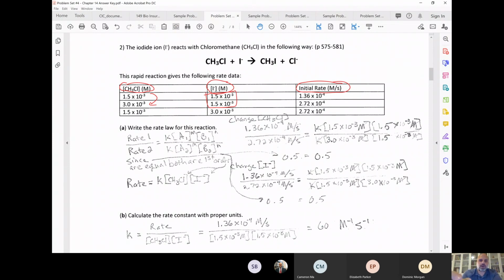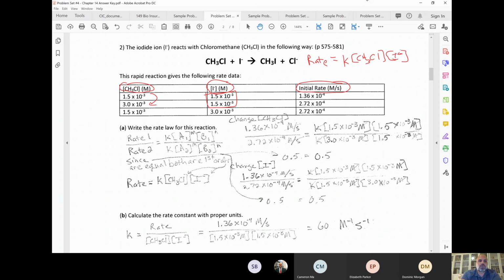So if we look at the reaction up above, we can see that the rate of this equation is just equal to k times the concentration of CH3Cl times the concentration of I minus. Oops, there's a minus. Oh well, it's not allowing me to erase right at the moment.